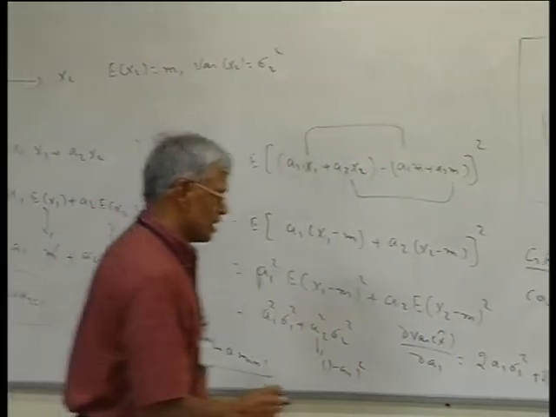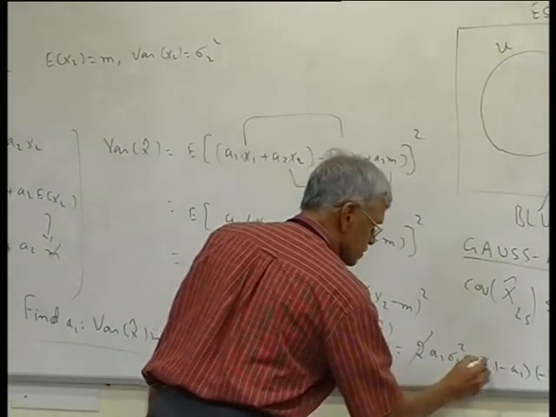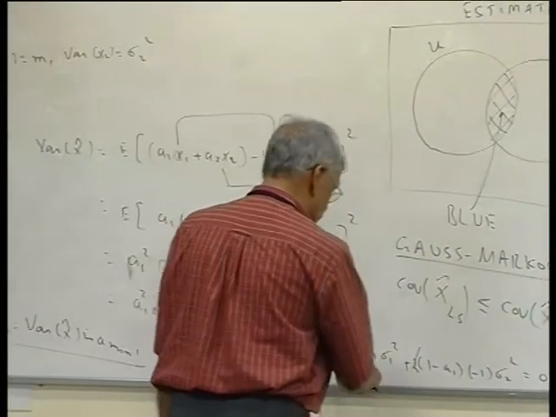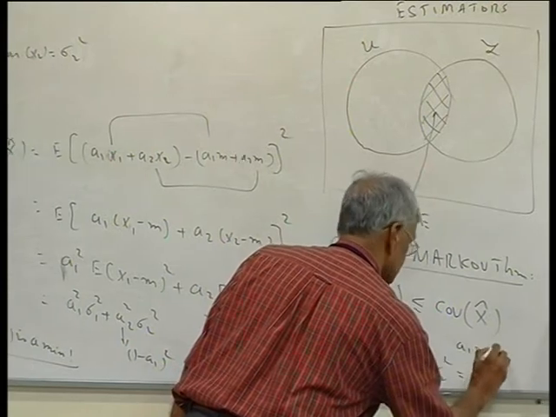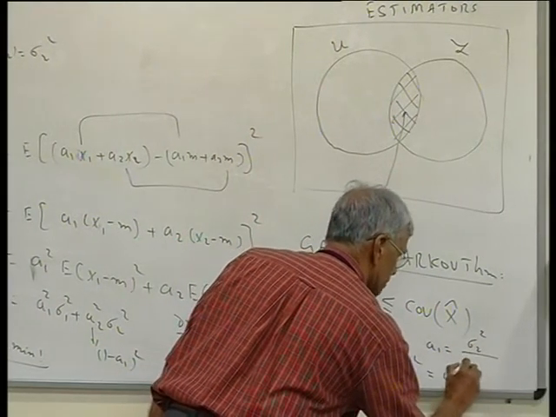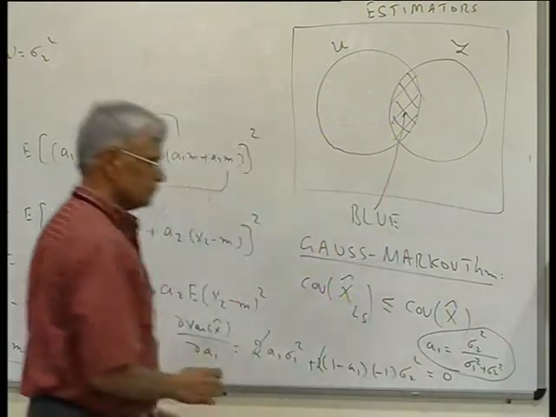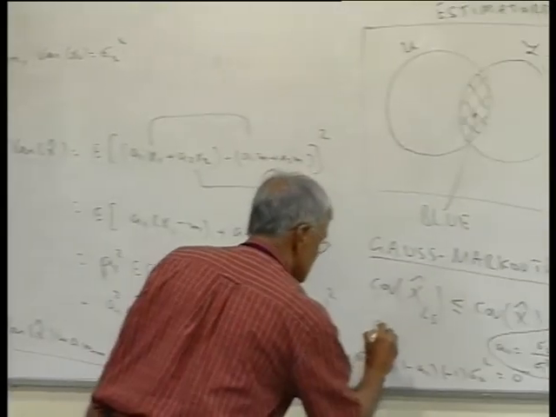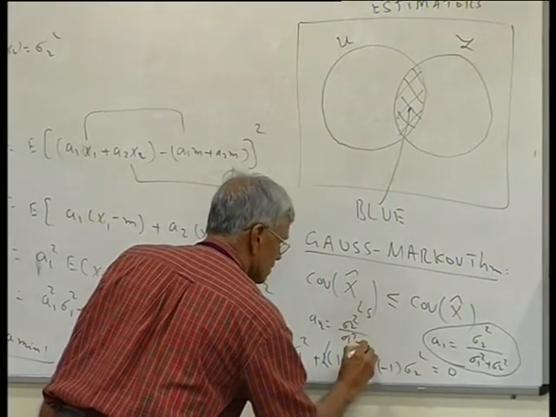I'm just trying to differentiate this with respect to A1 and set it to 0. 2 gets cancelled. So what does this become? This becomes A1 is equal to sigma 2 squared divided by sigma 1 squared plus sigma 2 squared. Therefore, what is A2? A2 is going to be sigma 1 squared divided by sigma 1 squared plus sigma 2 squared.